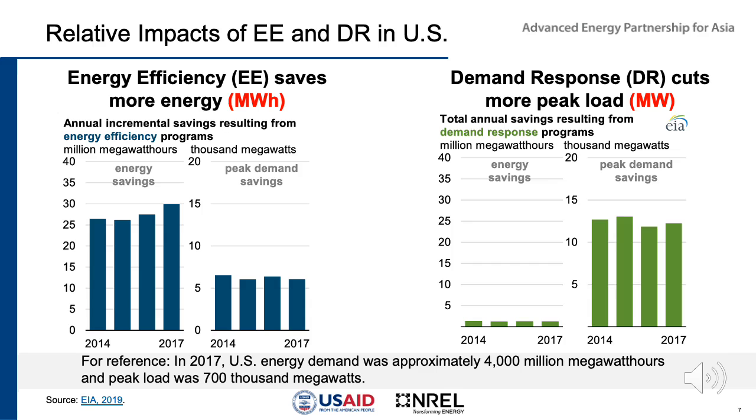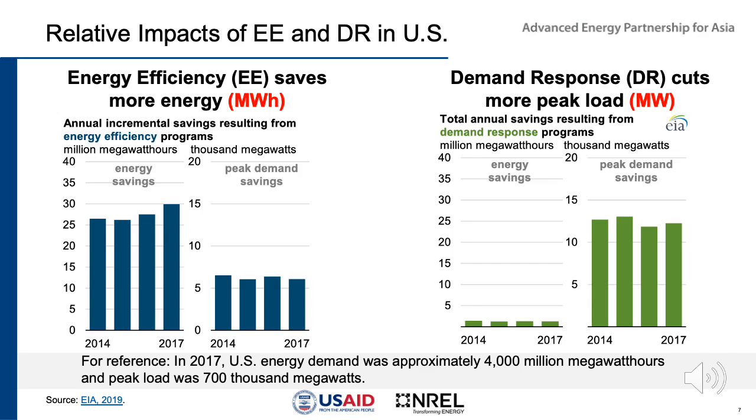But you must keep in mind that energy savings add up over time and are cumulative, so that over the long term, energy efficiency can have a significant impact on the amount of money needed to invest in new generation or new transmission. Looking at the right-hand side of this slide, we see the exact opposite impact from demand response.